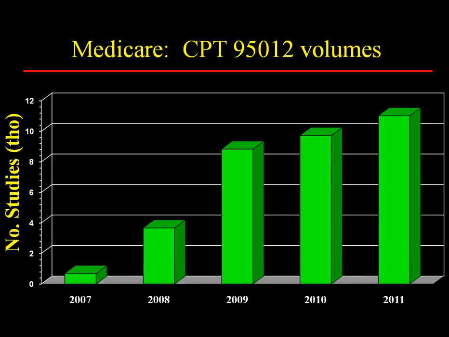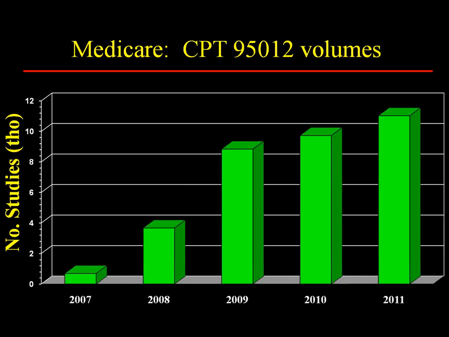But Medicare, as shown on the next slide, has recognized this code since 2007 and continues to pay for this code as appropriate and medically necessary for Medicare beneficiaries with asthma. You can see several hundred studies were billed to Medicare in the first year the code existed, in 2007.